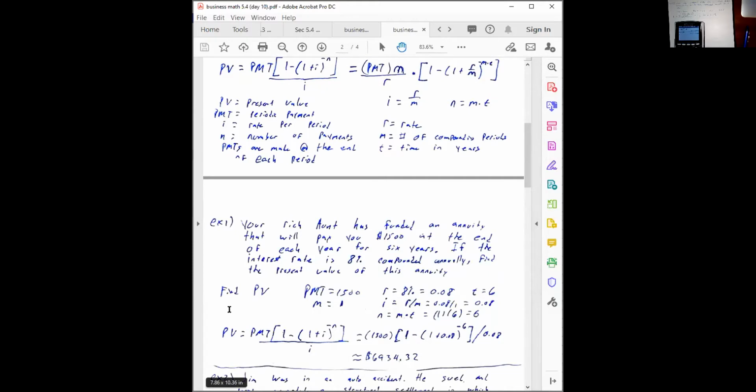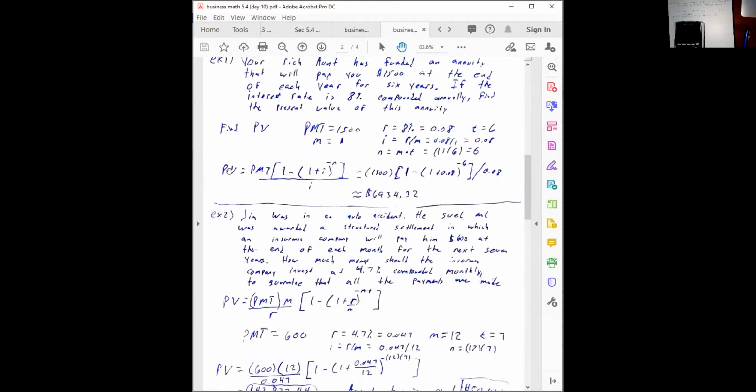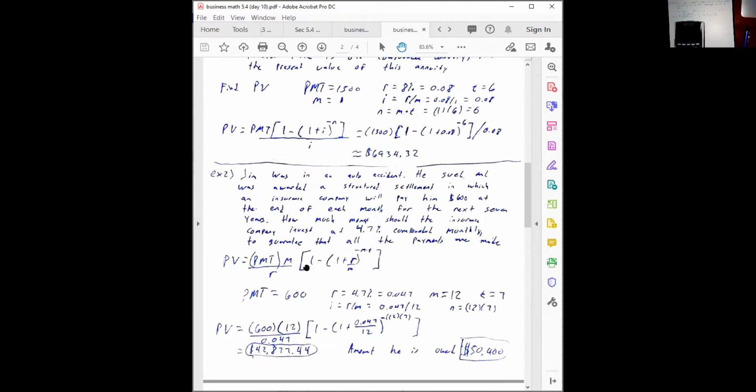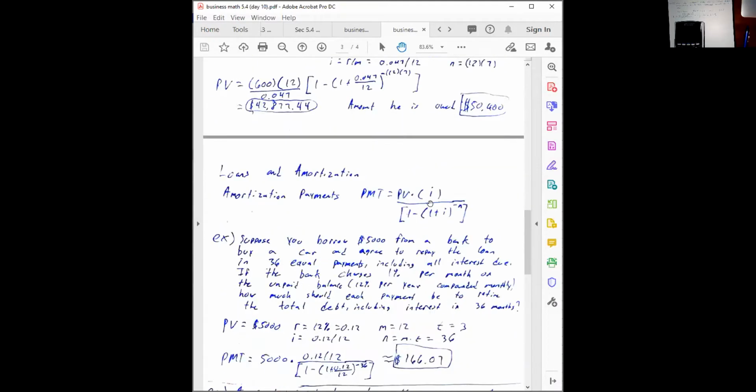Like we had questions like, at the end of it, did they give you an investment that's paying you money, or they give you a loan or whatever, and then they want to know, okay, how much was the loan originally worth, or what was the original deposit or the starting point. So in this section, we found a bunch of present values over and over again. Then we moved on to payments, and we have like at least 2 or 3 of those where we ask the question. The test is going to ask, here's a car loan, what is your monthly payment?